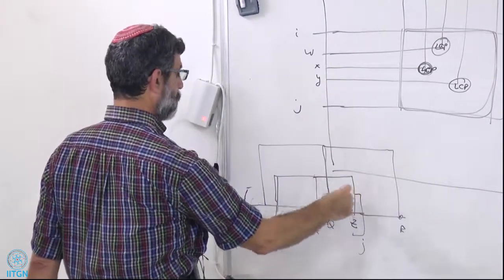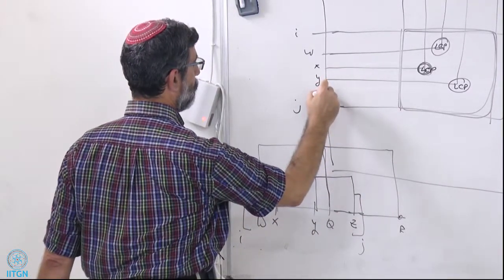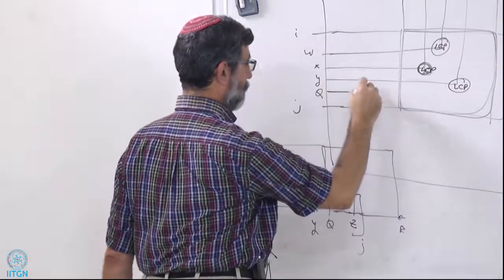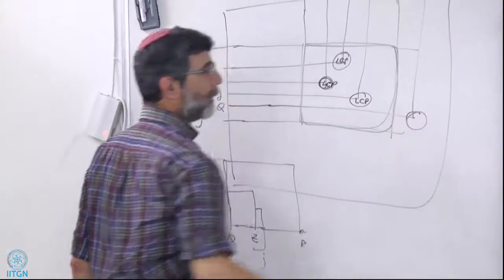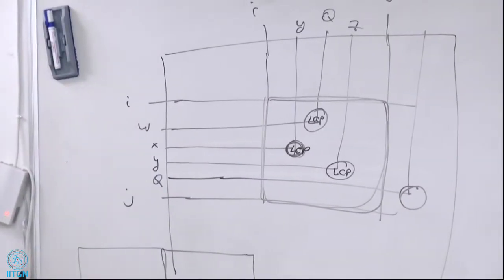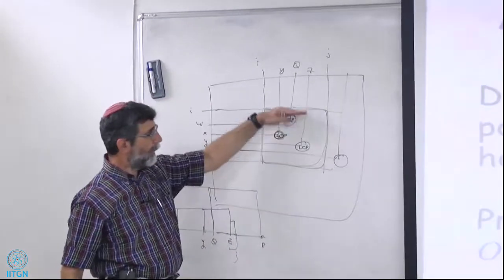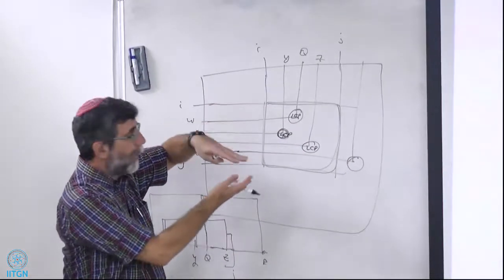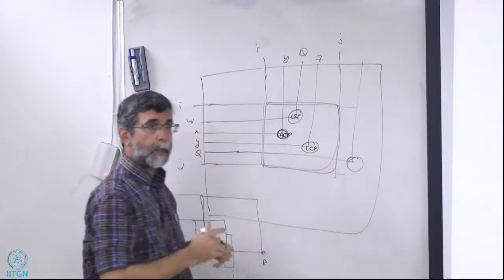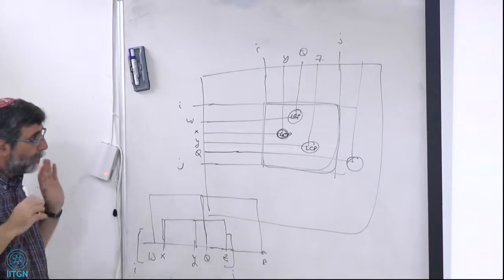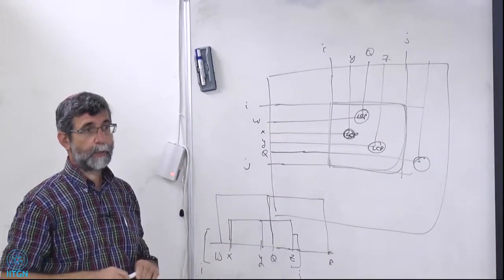Q is between Z and Y. But the other is below the J. So in fact, the point is going to be here. So any bridge, one of whose legs is inside, but one is outside, is going to be within the one dimension of this square, but it's not going to be in it because the other leg is outside. So the bridges that are in here are precisely the bridges that we care about.